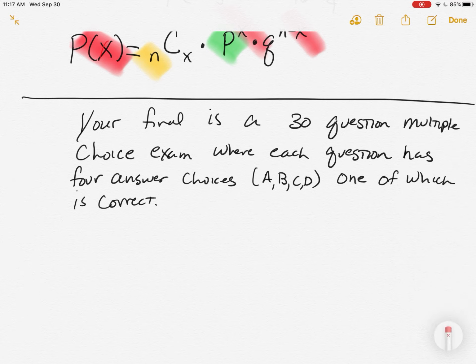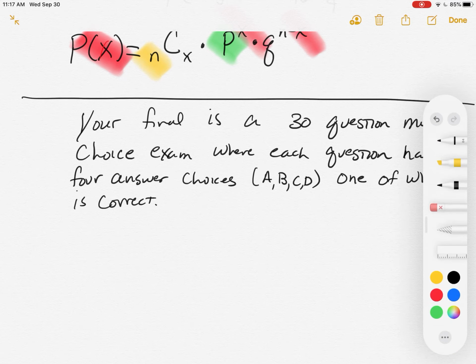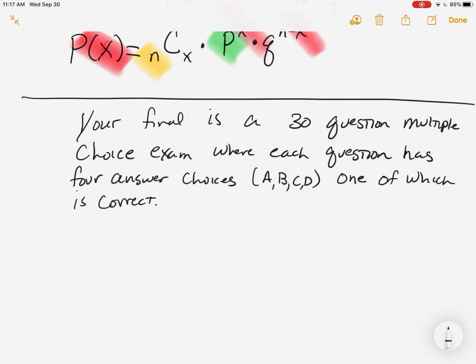The question that I have for you is something you've never been able to answer until this point. Things that you could answer are, what's the probability that I randomly guess and get them all right? What's the probability that I randomly guess and get them all wrong? What's the probability that I get at least one right? Right? Those are the questions that we can answer. Here's one that we couldn't so far.